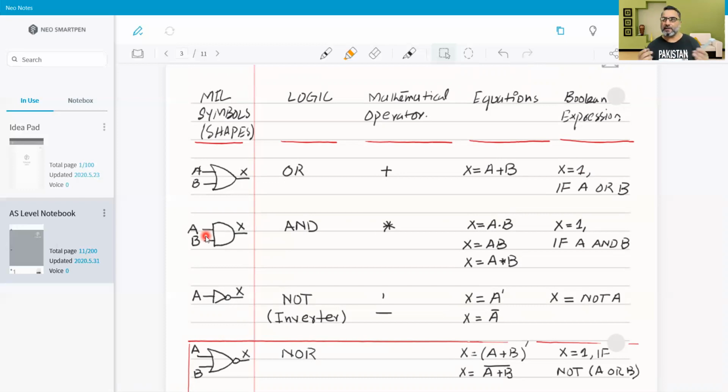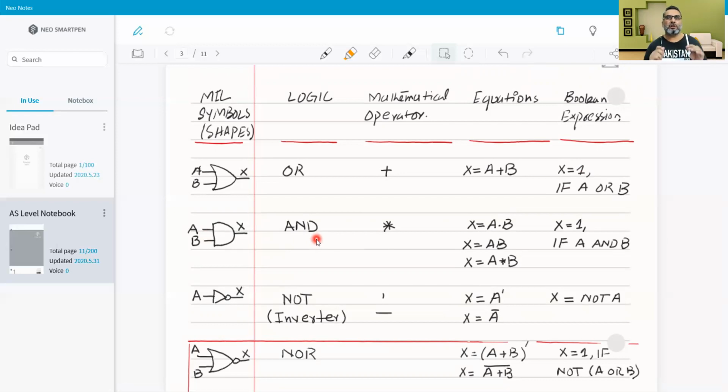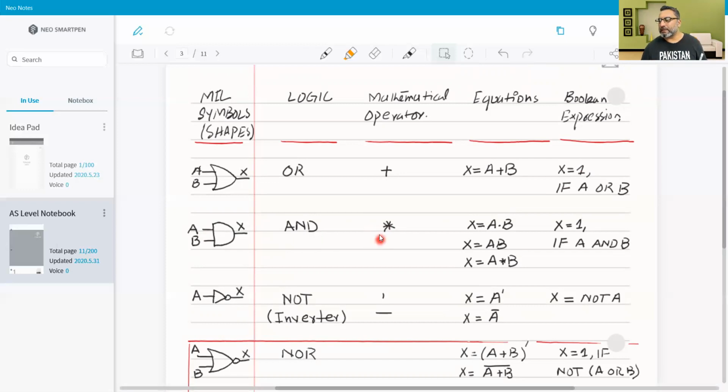So it is different in a way from the OR gate or exclusive OR gate, where it's a different scenario. So AND gate means that whenever all the options are chosen or all inputs are true, only then the output will be true. So as the relation goes, the mathematical operator is multiplication.